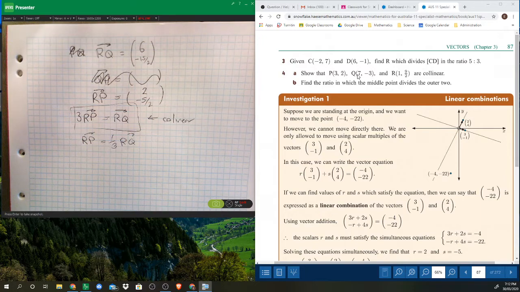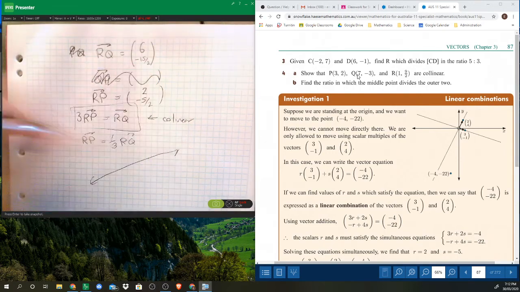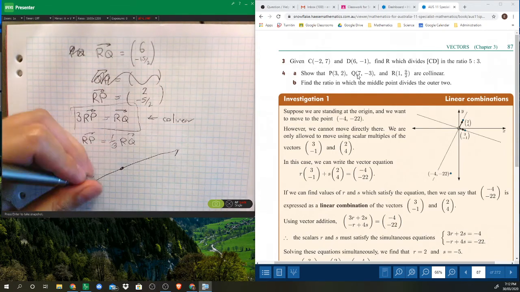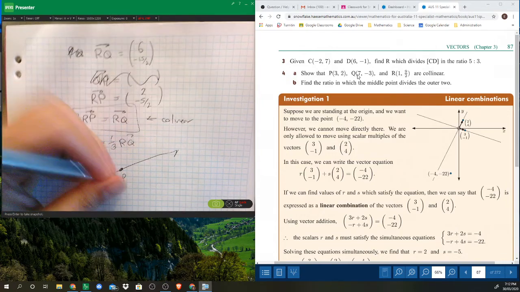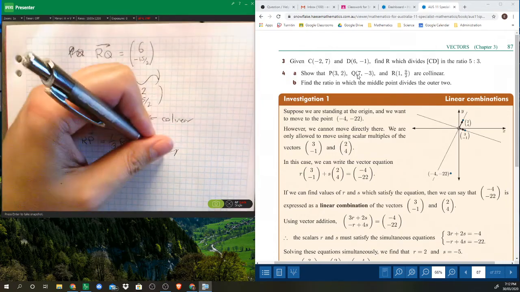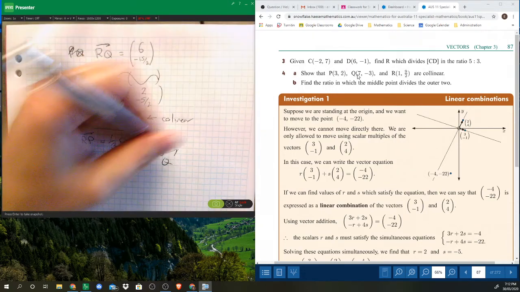And thereby, okay, so the ratio there is, if you think of it this way, so you go from R to P, and then Q, there we go. It's 1 to 2 because they add up to 3.